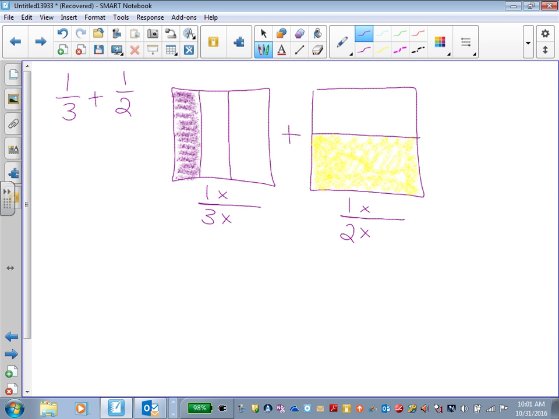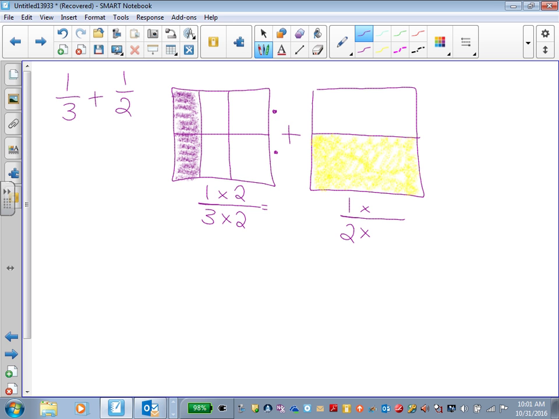So what did I do to the 1/2? Brandy. You added a horizontal line, which gives me now how many rows? Think about it. A row goes across. So I have 2 rows, which means I multiply by 2.